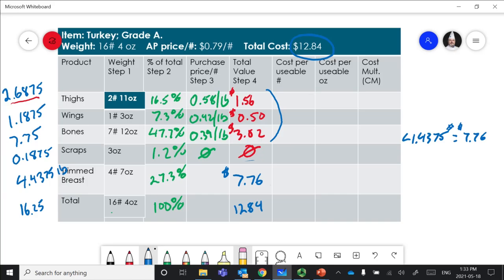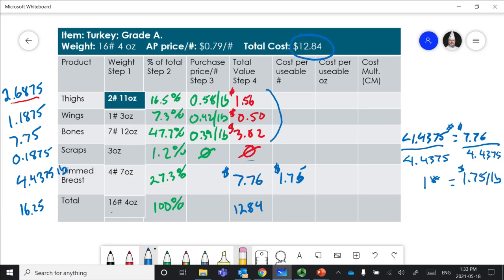So our next column here, cost per pound, how are we going to figure out what our cost per pound is? Well, if we got 4.4375 pounds for $7.76, any number divided by itself is 1, we can go 4.4375. What we do to one side, we have to do to the other. We're going to get 1 pound equals $1.75 per pound. So our cost per pound is 75, sorry, right?